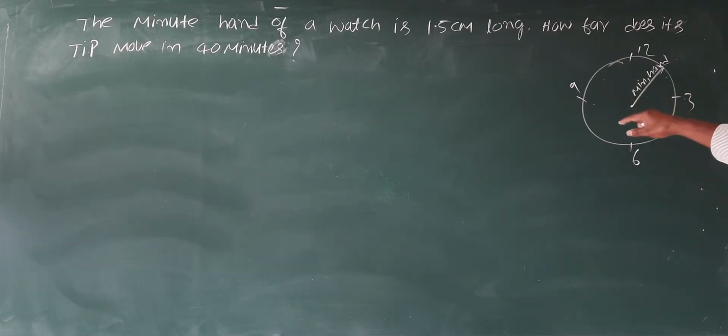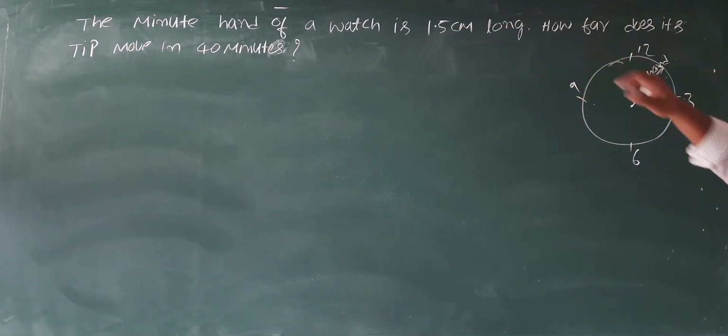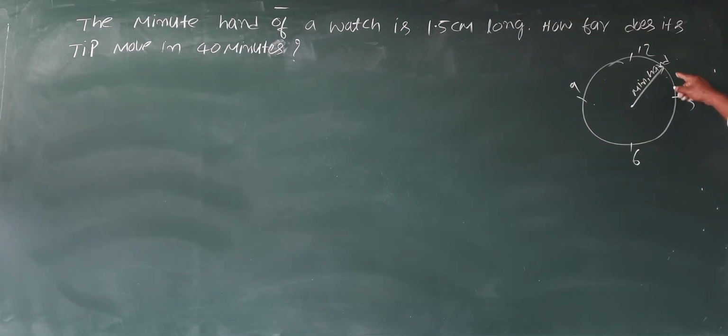Next, how far does its tip move in 40 minutes? In 40 minutes, the minute hand travels a certain distance. That means here it is asked to find out the arc length.